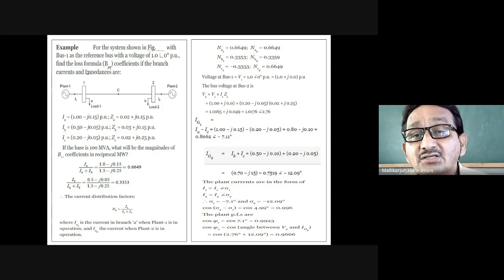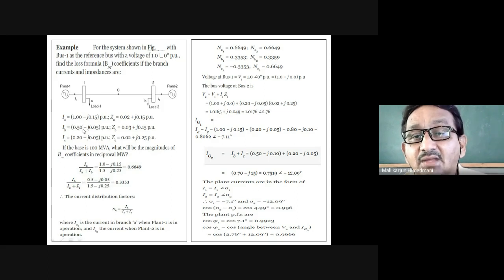Then from the first bus perspective, IA divided by IA plus IB, I take a ratio. That ratio stands as current IA, 1 minus j0.15, divided by the sum of IA plus IB.